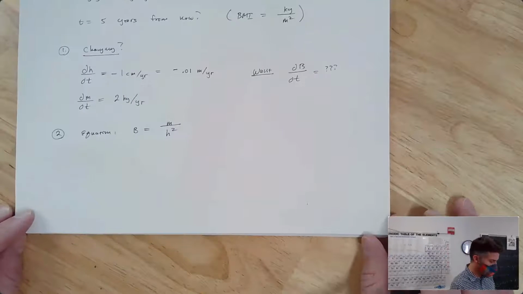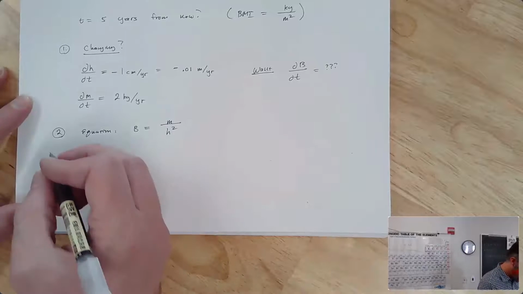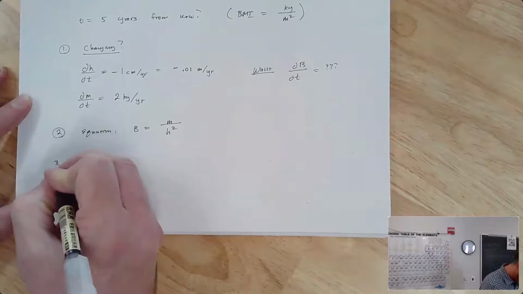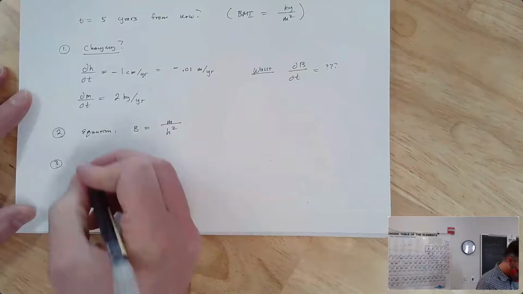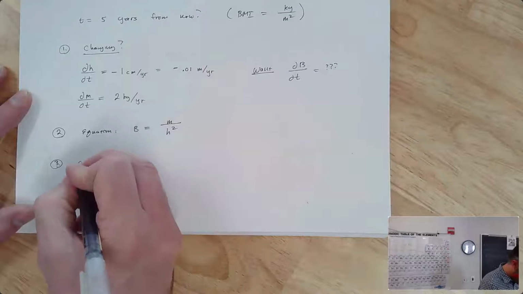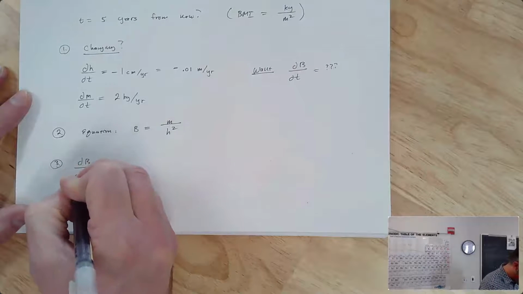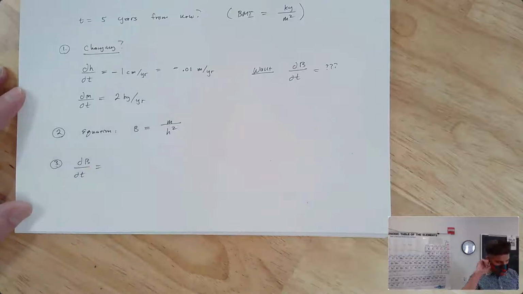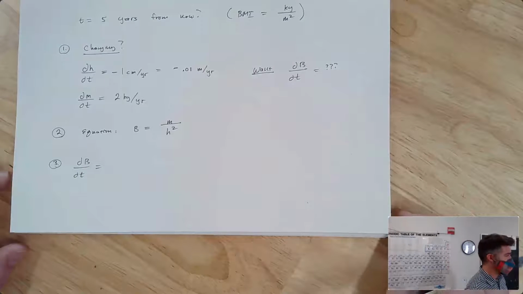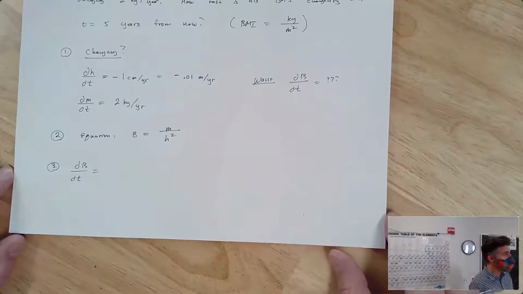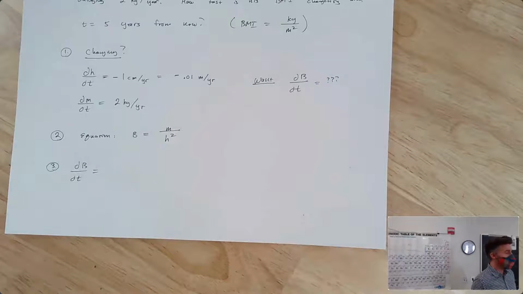Okay. So now we're going to differentiate those things. So we're going to take the derivative of this. So dB/dt. Yeah, I knew I forgot. So I'll point out what I forgot to tell you guys. We probably need to know how tall I am and how much I weigh to actually be able to answer this. Let me show you what I mean.